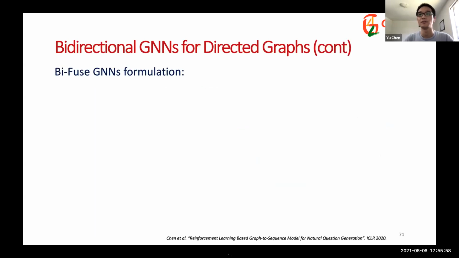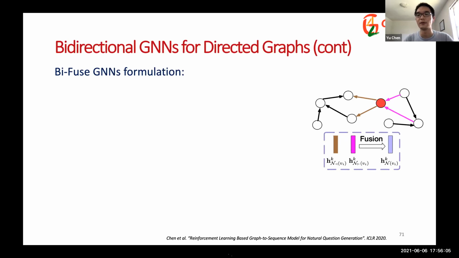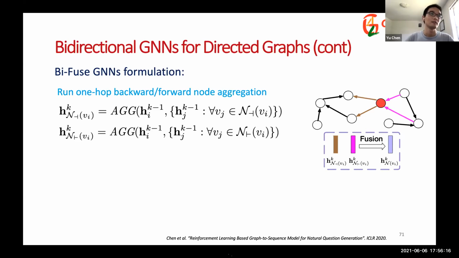The second one we will introduce is called the BiFuse GNN. Let's see each of the steps it takes. First, we run one-hop backward and forward node aggregation separately at each hop. Then we get the backward node aggregation vectors and the forward node aggregation vectors, and we can leverage various node aggregation functions like average or max to do that.